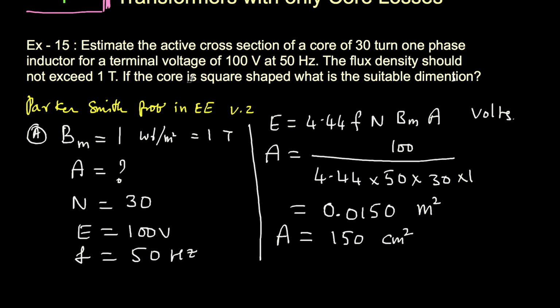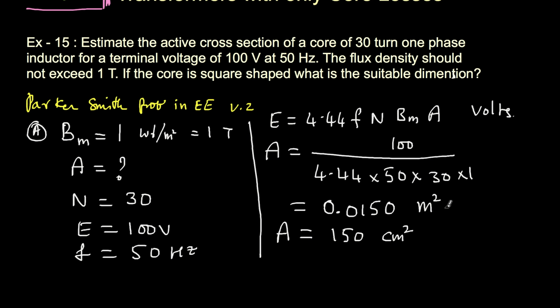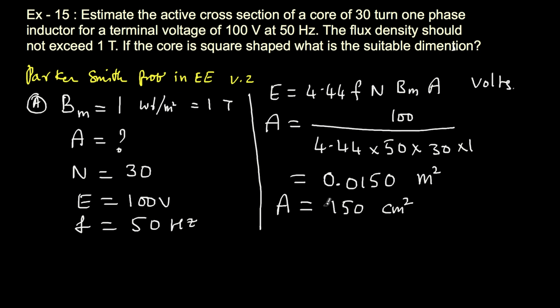So if the core is square shaped, what is the suitable dimension? If S is the side of the square, then S square should be nothing but the area. So S is the square root of 150 centimeter square.